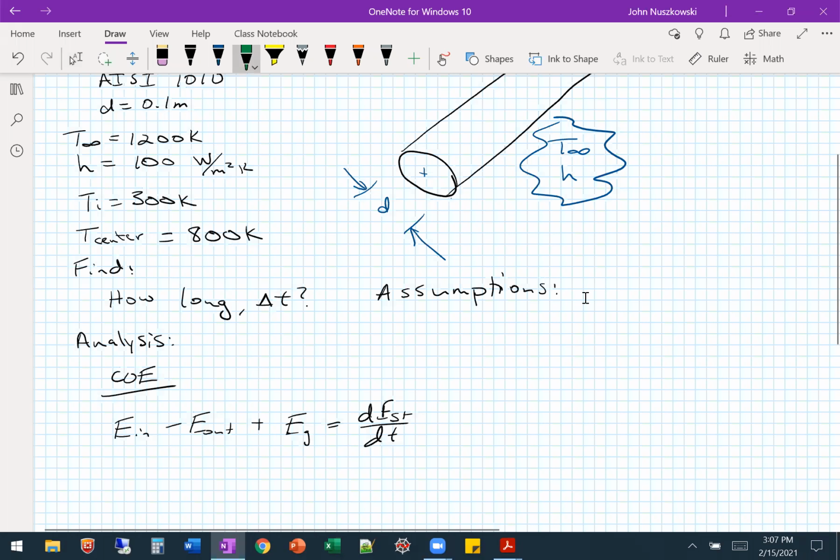Let's first do our boundary here. We're going to do around the whole thing.